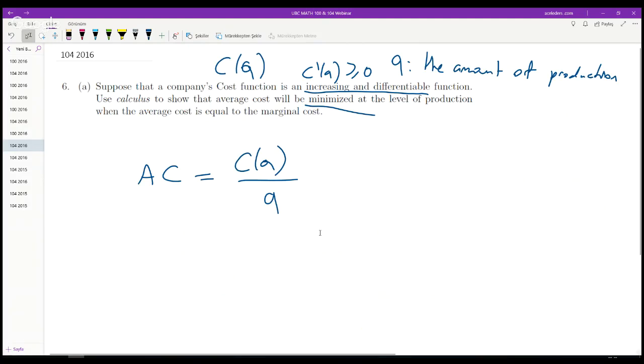How can I minimize average cost? What do you say? So I need to minimize average cost, and how can I do that?